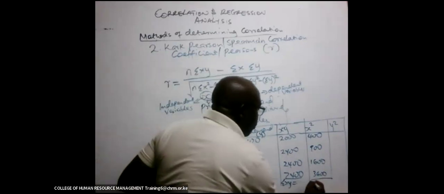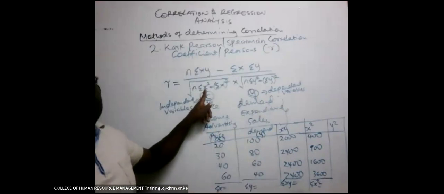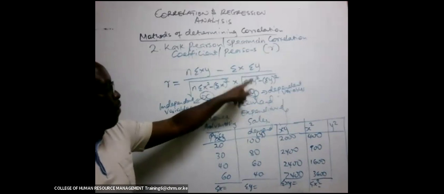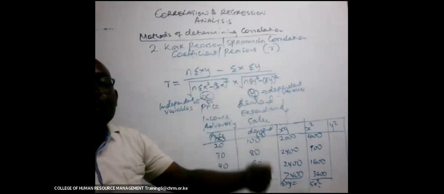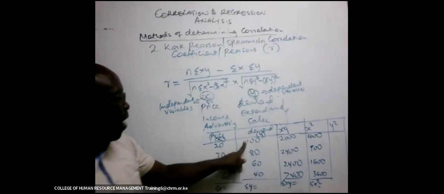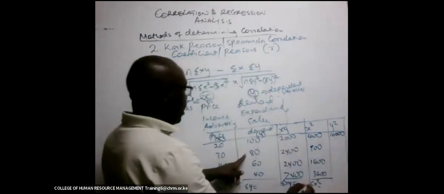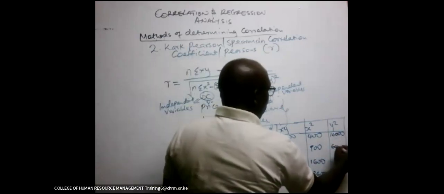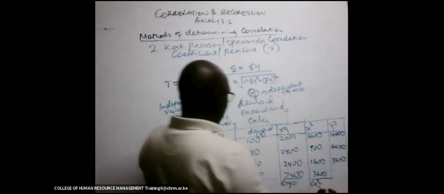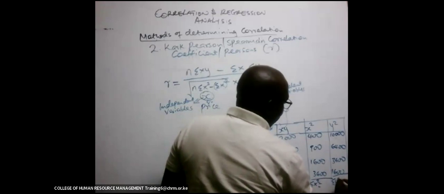So you add the X squared to get the sum of X squared. Here you also need the sum of Y squared. First of all, before you get to the sum of Y squared, you must get the Y squared. The Y's are here. You square them. 100 squared will be 10,000. 80 squared will be 6,400. 60 squared will be 3,600. This one will be 1,600. You will add them to get the sum of Y squared.